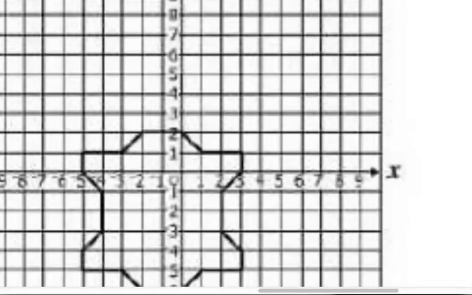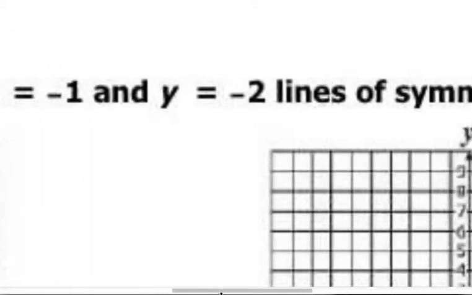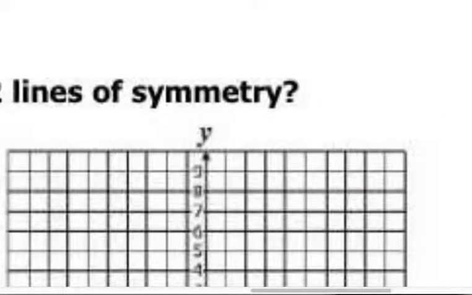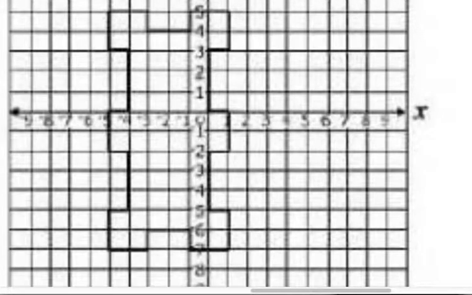Okay, and it's y equals -2 and x equals -1. Okay, sorry about this, guys. Y equals -2 and x equals -1. So -2 is going to be right here. Ooh, that's a horrible line. And x equals -1, that would be right here.